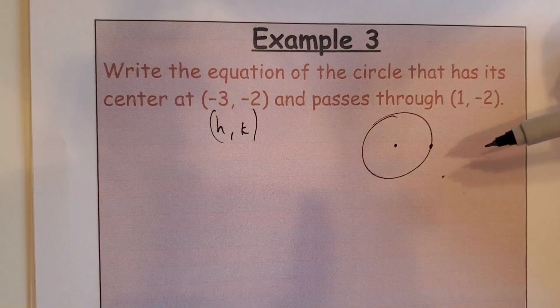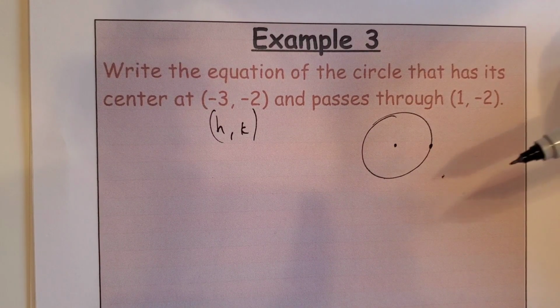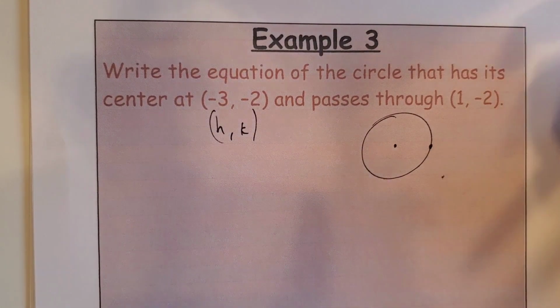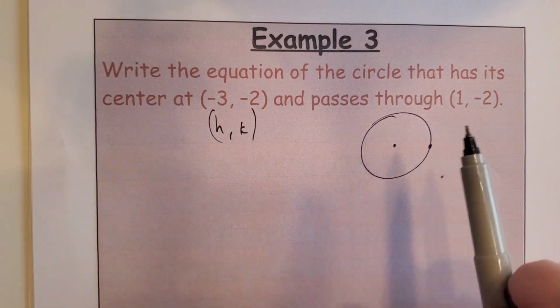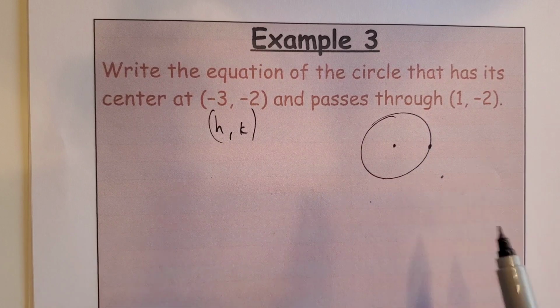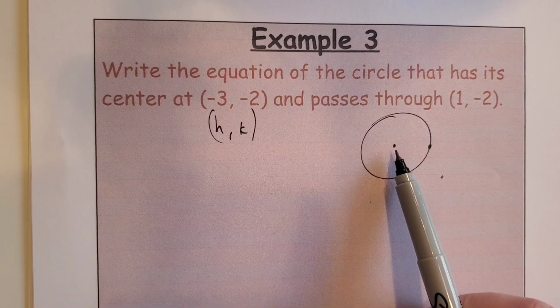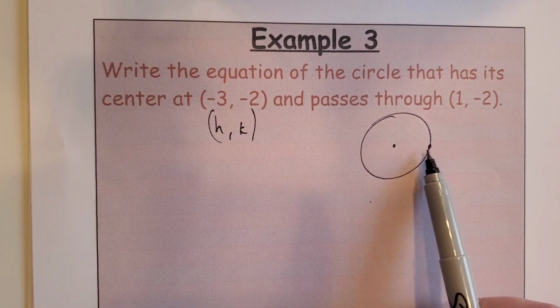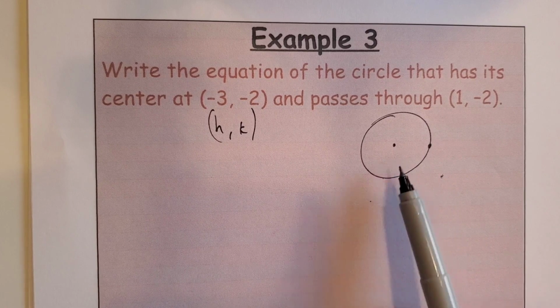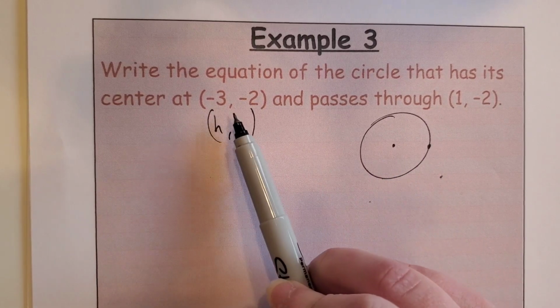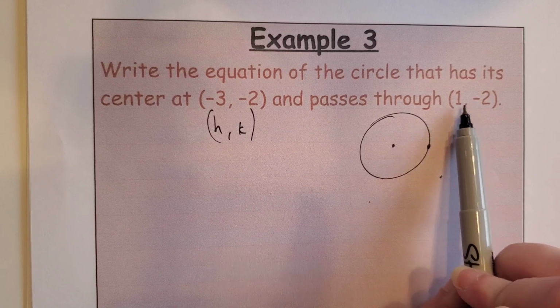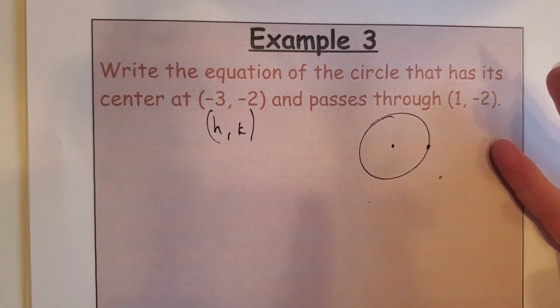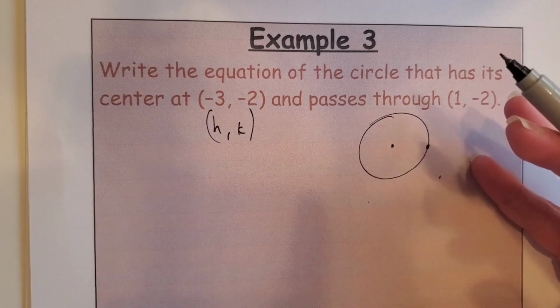I said earlier that the two things we need in order to write the equation of a circle in standard form are your center and your radius. So we have one of those things. But to find the other: from the center to any point on the circle, that's your radius. So if we can find how far it is from the center to this point on the circle, that's going to get us our radius. And how are we going to do that? Distance formula.